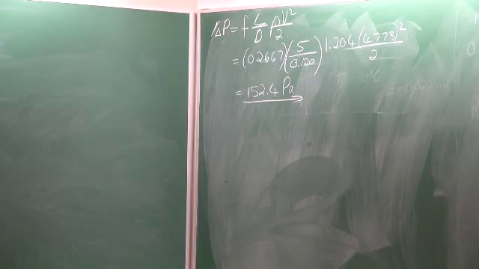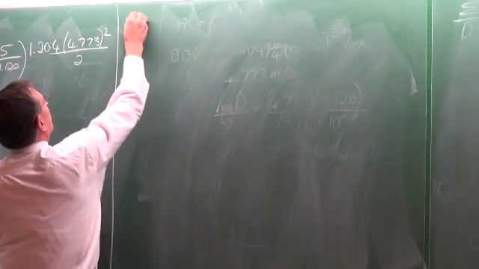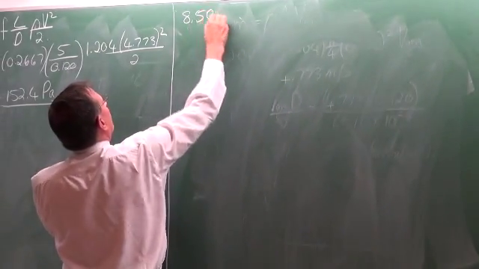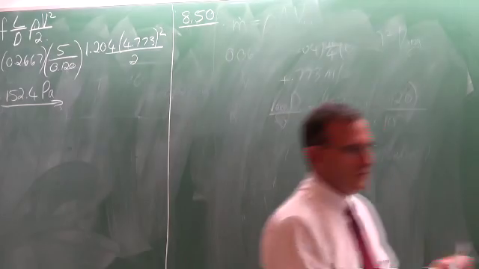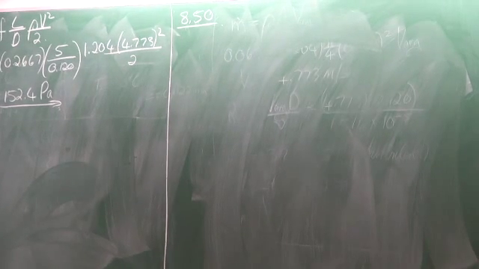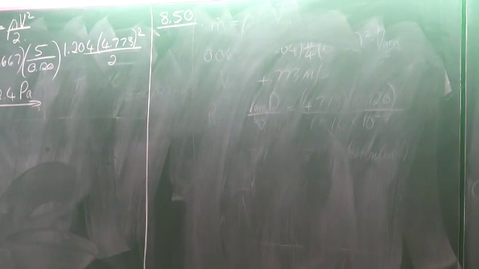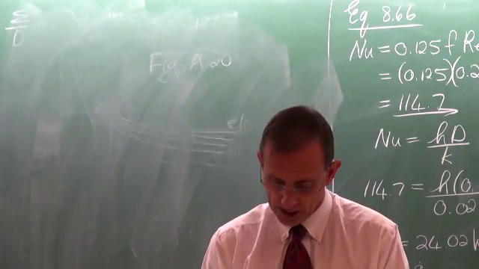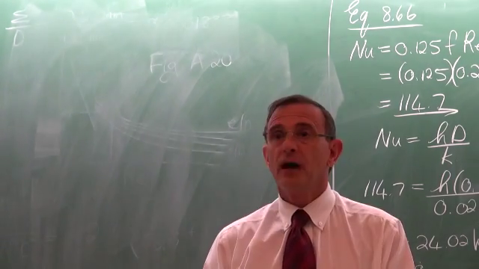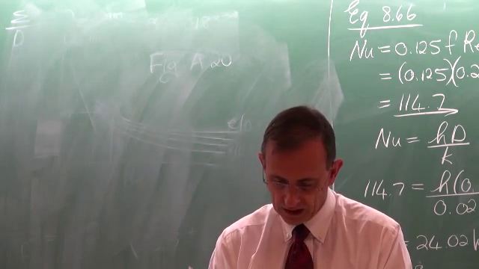Okay, the next problem is going to be problem 8.50. And this problem says a concentric annulus tube has inner and outer diameters of 25 and 100 millimeters respectively.